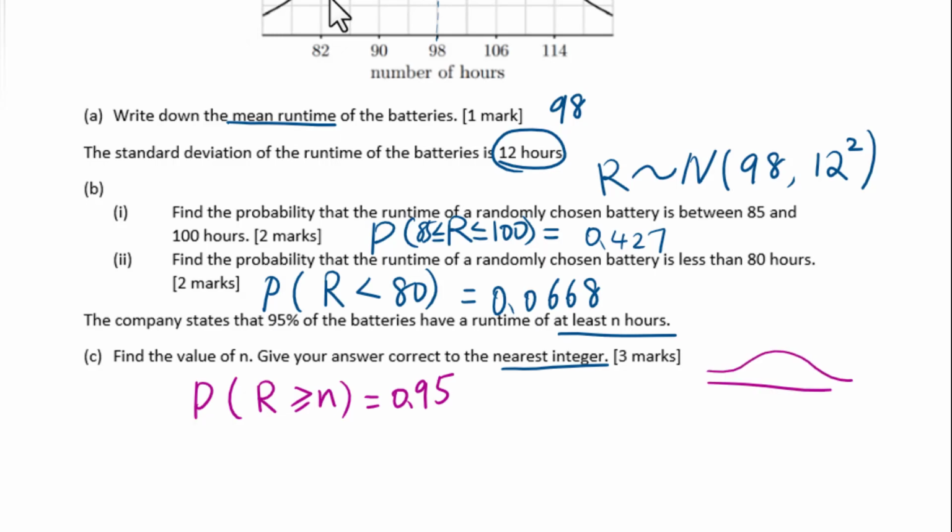The area in the inverse normal means the area under the curve from -infinity to a. So we have to change probability of R greater than or equal to n into probability of R less than or equal to n equals 1 minus 0.95 equals 0.05.